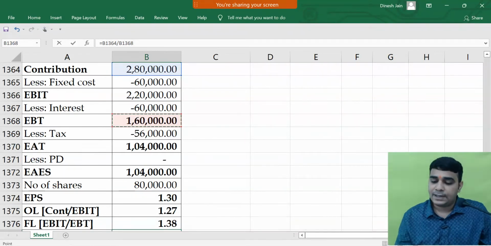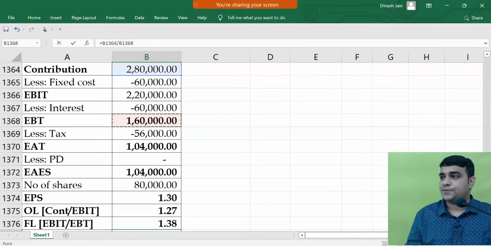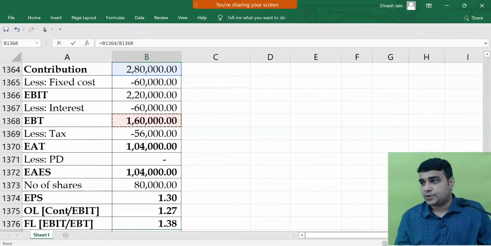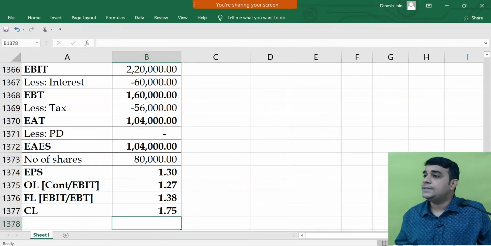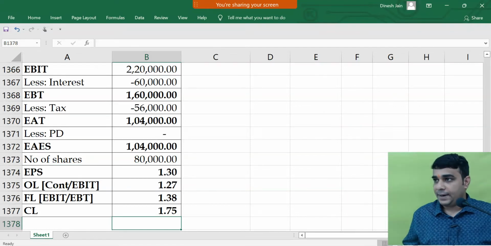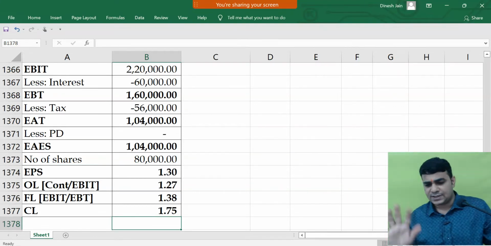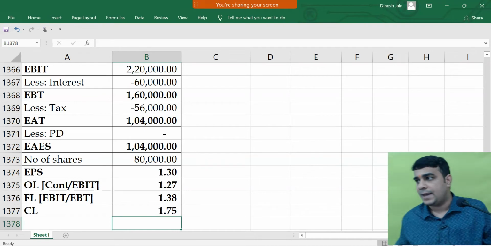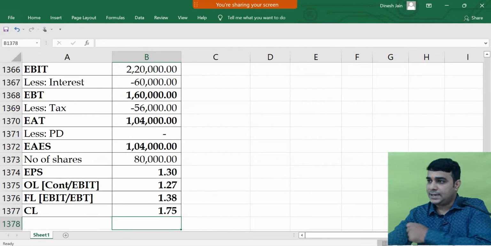If you want to do that multiplication, then you should calculate 4 decimals for OL and FL. Otherwise, rounding off issues will happen. Your combined leverage is 1.75 times. This is not the important part of the question. This is just a formality which I have completed. I have calculated all the leverages.